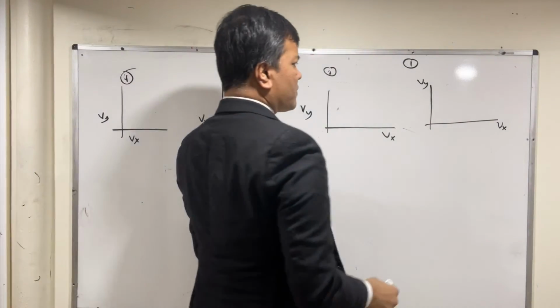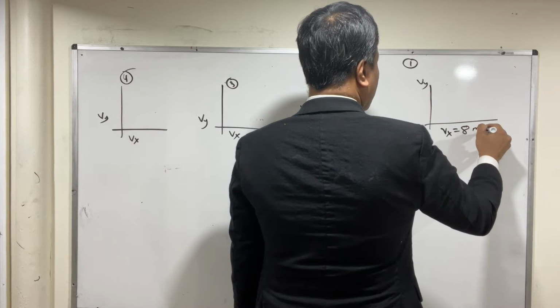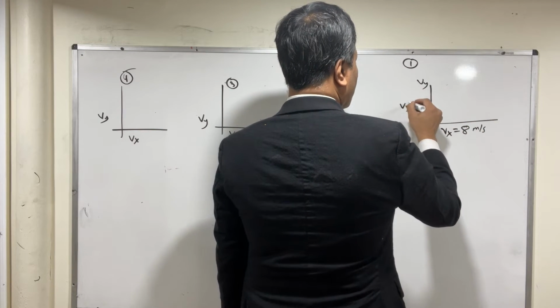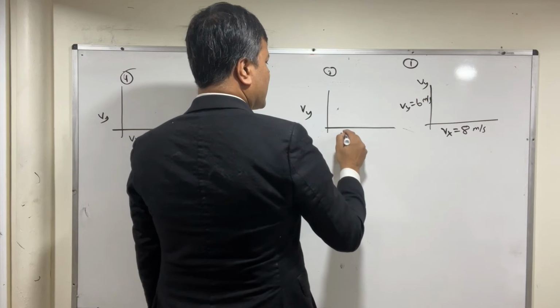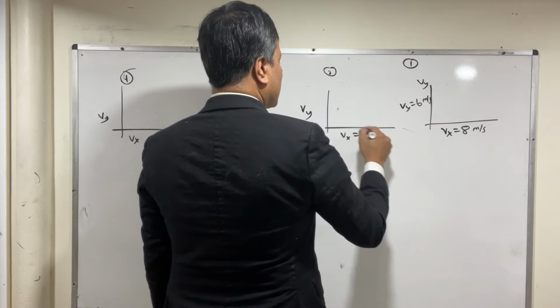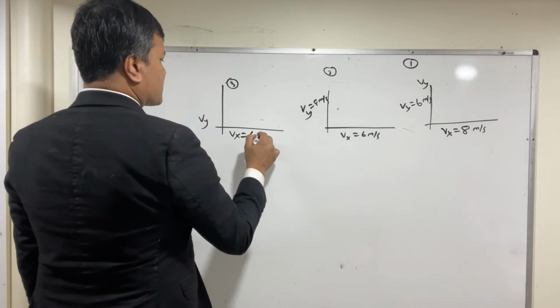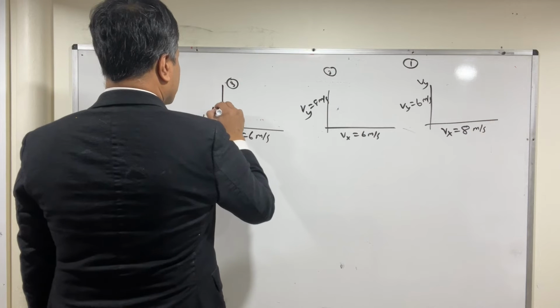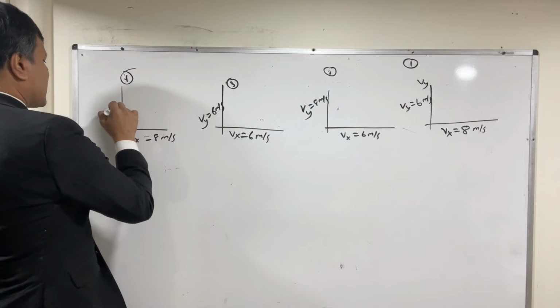I gave you horizontal component of velocity. I gave you 8 meters per second, and this one I gave you Vy, I don't know, 6 meters per second, and this one is Vx is 6 meters per second and 8 meters per second, and this one is 6 meters per second. This one is also 6 meters per second. This one is 8 meters per second, and this one is 8 meters per second.